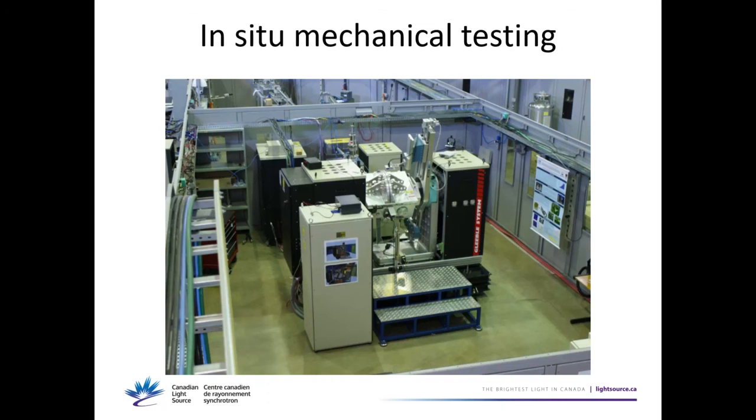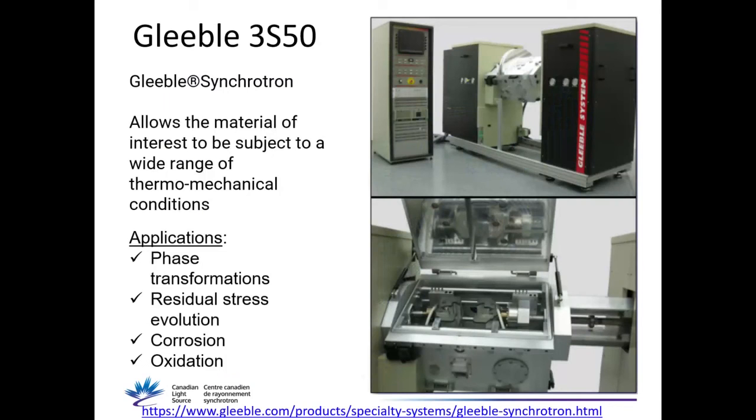This is a Glive S50 machine at the first Brazilian Synchrotron, and it allows in-situ mechanical testing with, let's see, I have no notes here, with, well, applying temperature and force, so you can see with very large samples. Of course, you're going to need a high energy too.